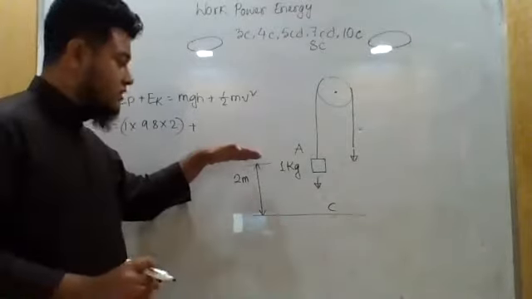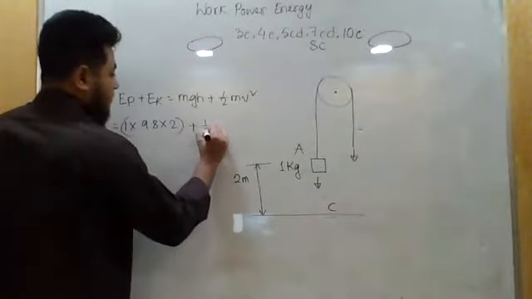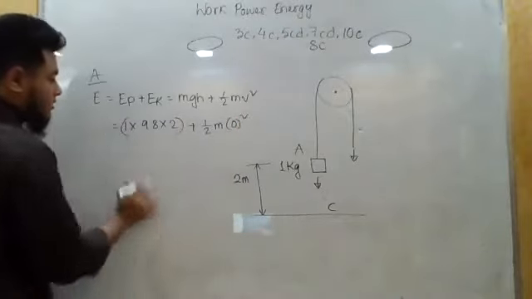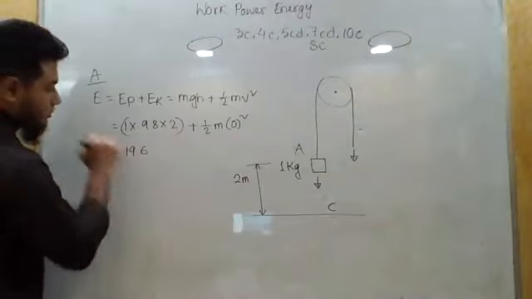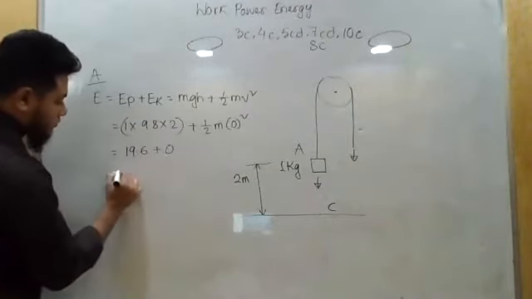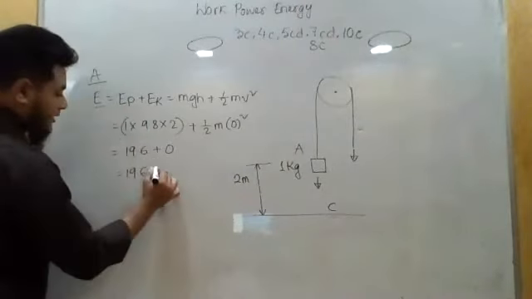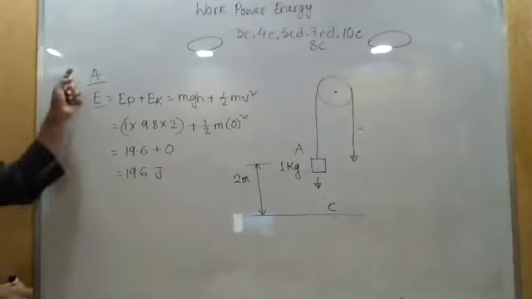Initially it will not have any motion, so half m into 0 makes this whole part 0. Now 2 into 9.8 becomes 19.6 plus 0, so 19.6. As we are calculating energy, it will be joule. This is the total energy at point A.